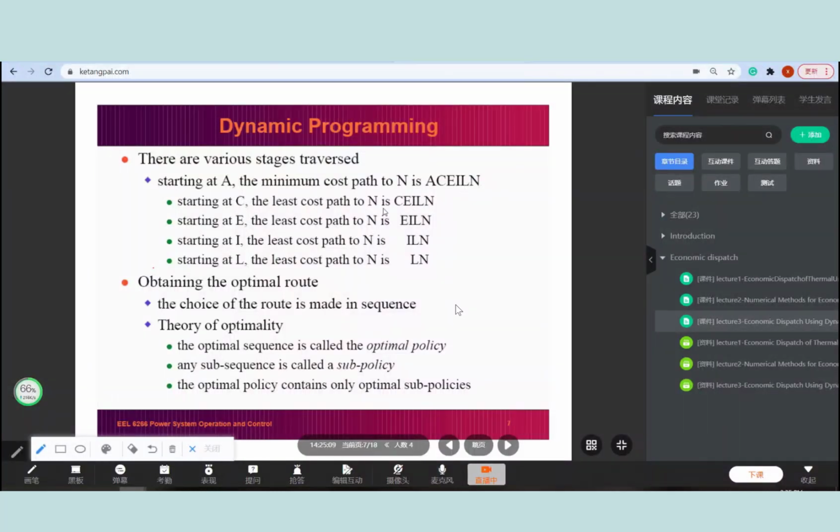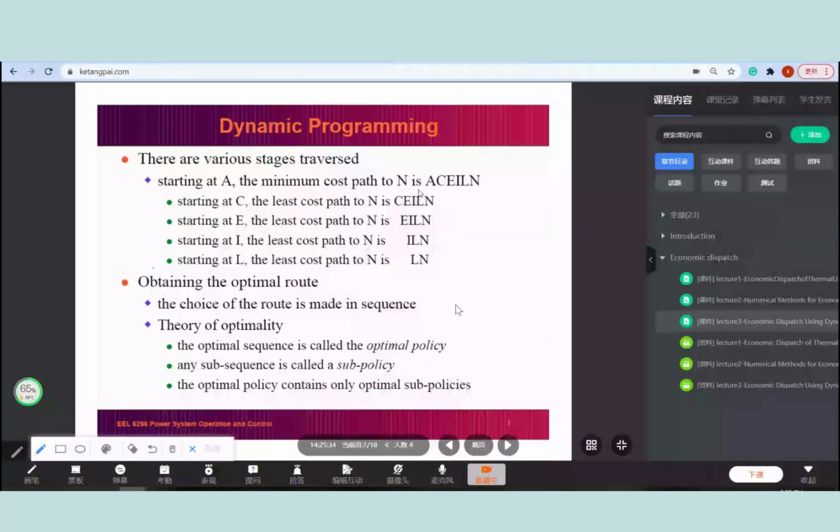If you travel from C to N, we also call this an optimal policy. But CEILN is just a part of the whole, so we call this a sub policy. So the whole optimal policy from A to N will contain only optimal sub policies.